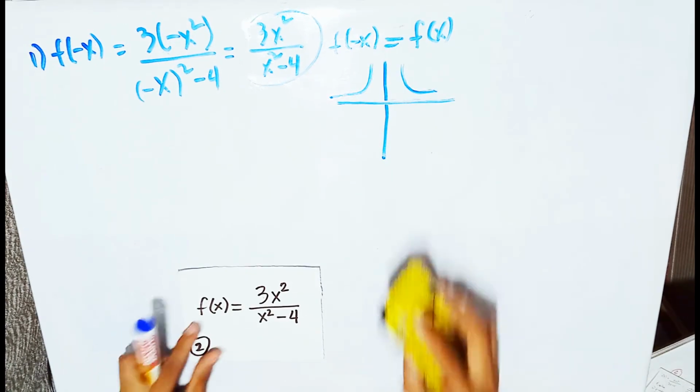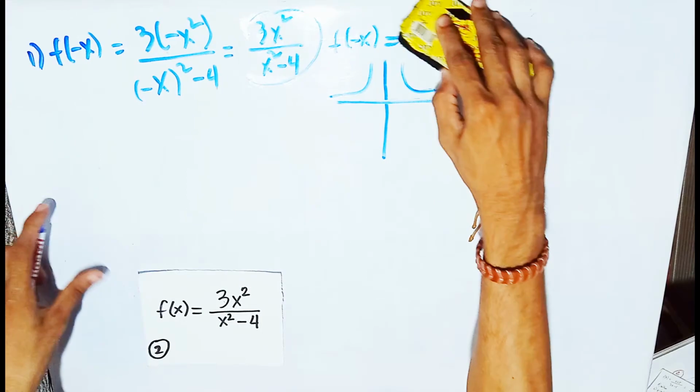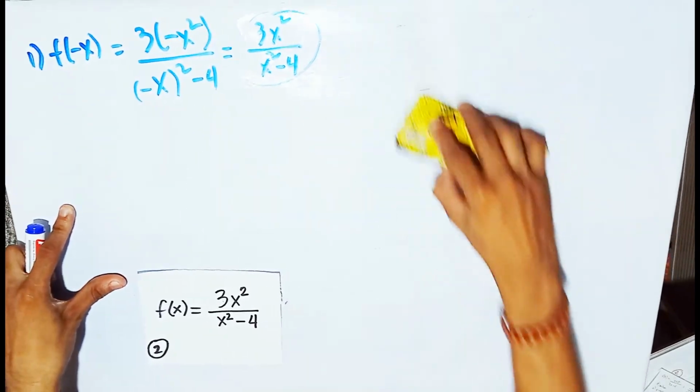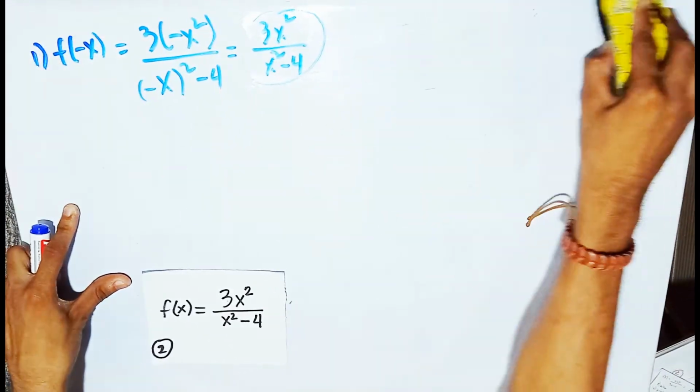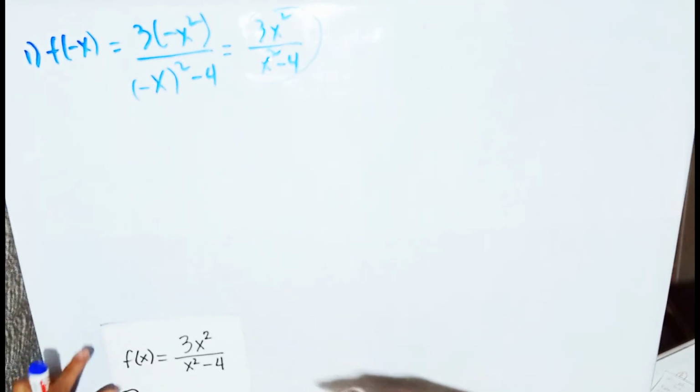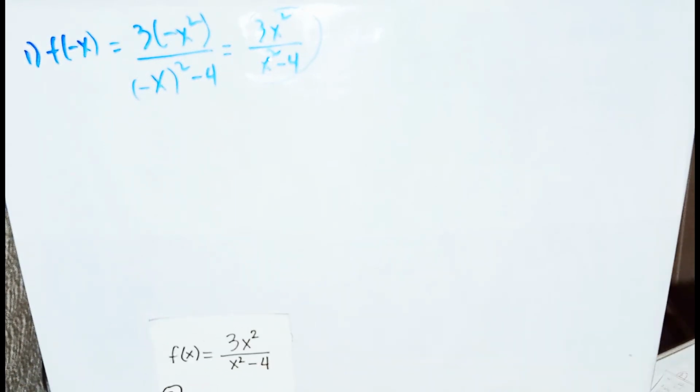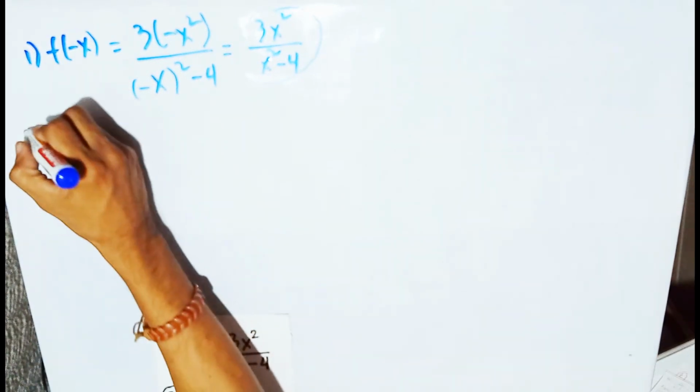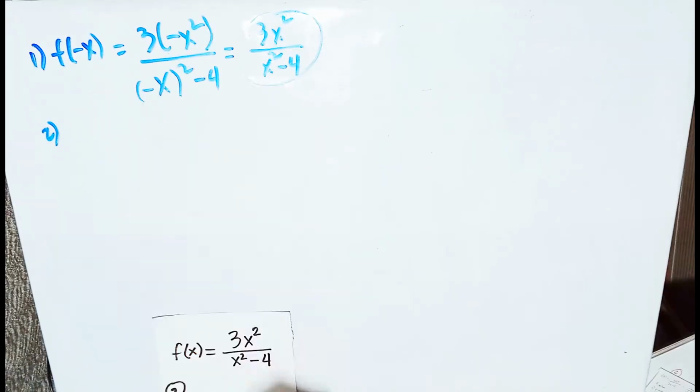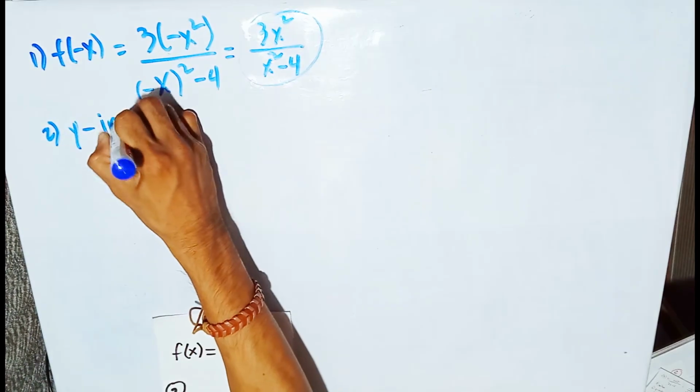So next, proceed tayo sa step number 2 at alam natin na itong function na to is an even function. Step number 2 is to determine the y-intercept.